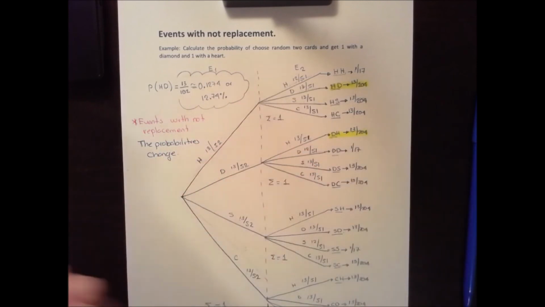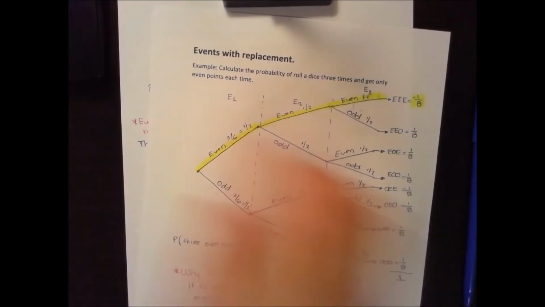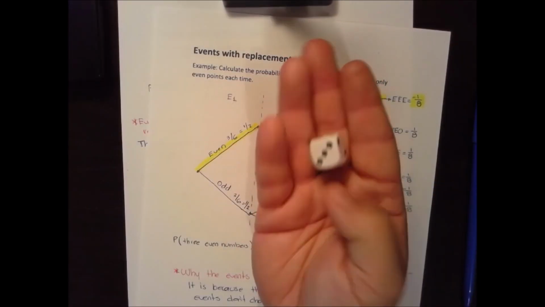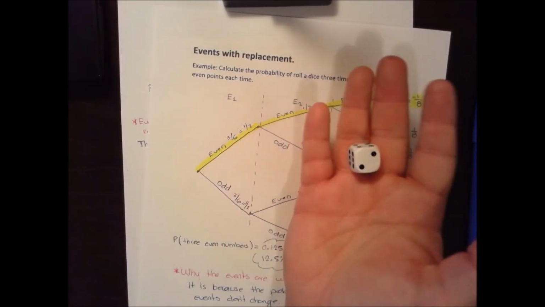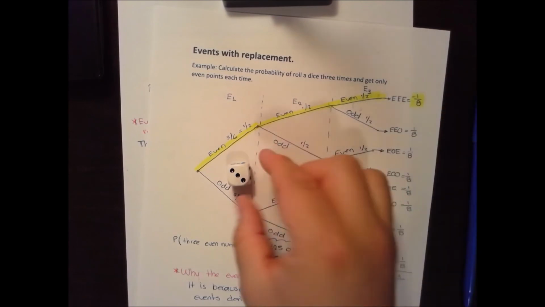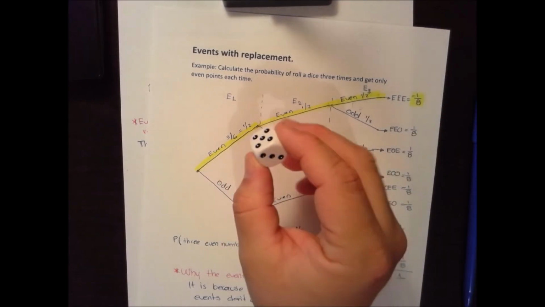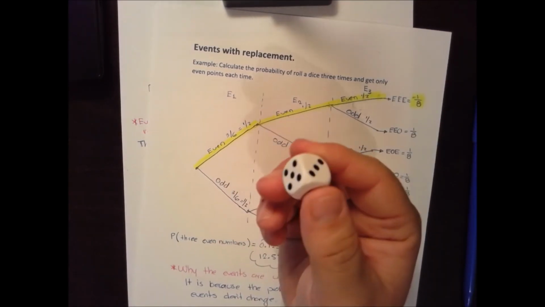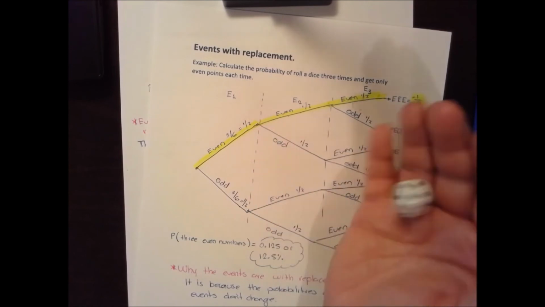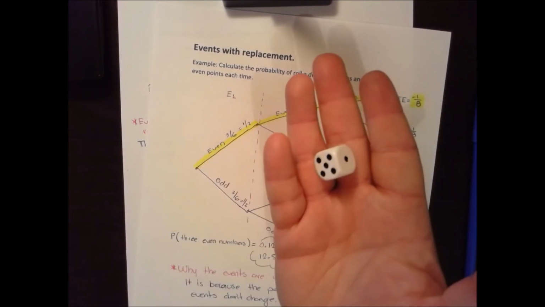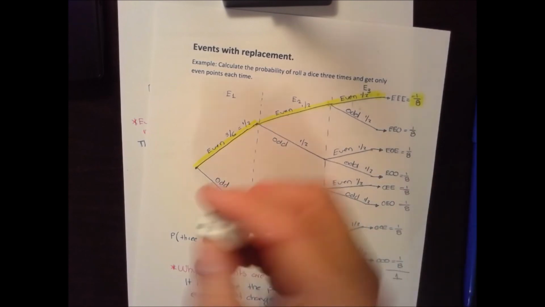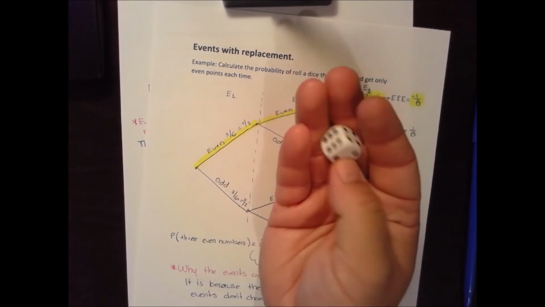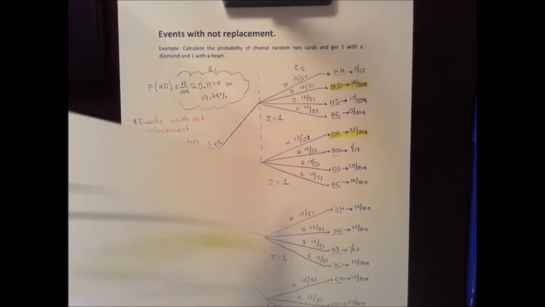In that case, it's an event with replacement. With cards that's not the case, but if you roll the dice, you have 6 chances. The second roll, you still have 6 chances. Third roll, you still have 6 chances. The probability is not going to change.